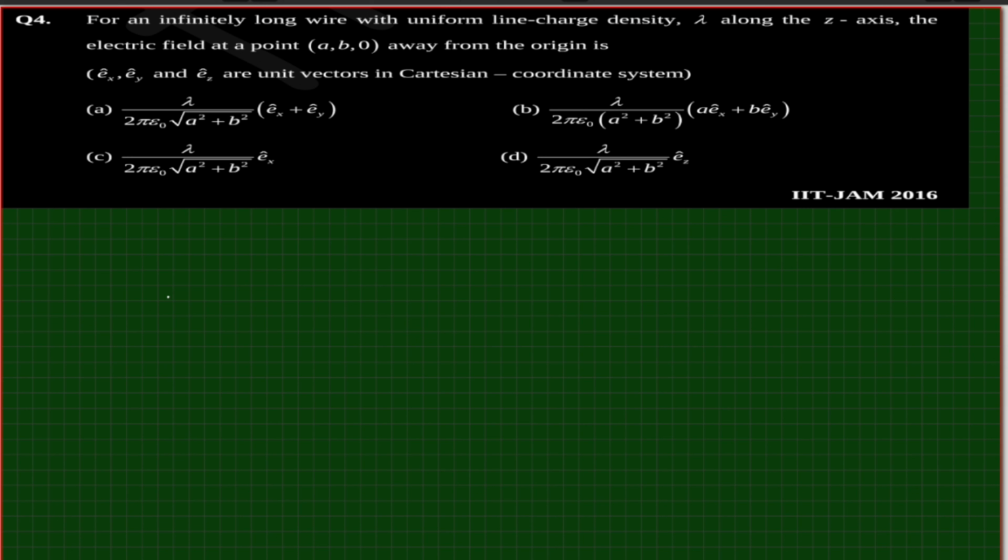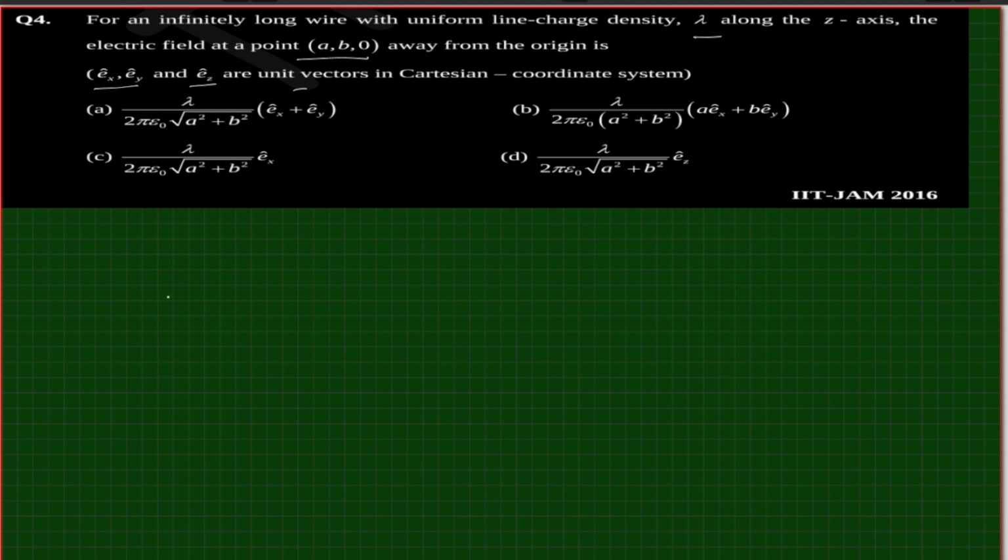So in this question, for an infinite wire, lambda is the linear charge density, and at this point the electric field is asked. Okay, and unit vectors are also given.